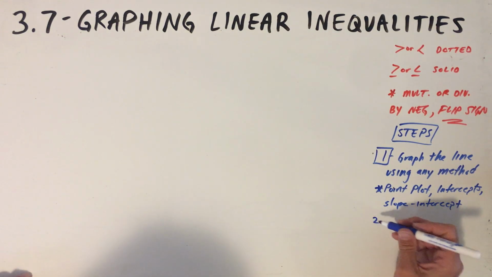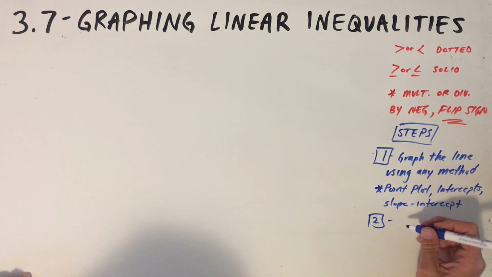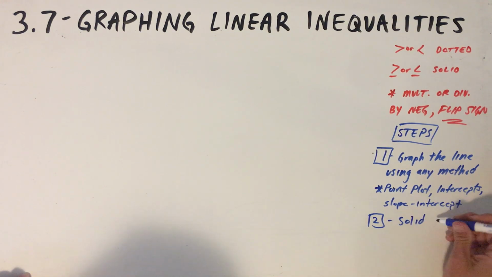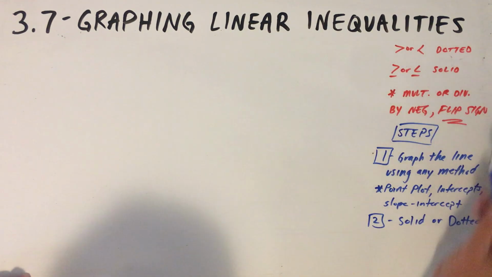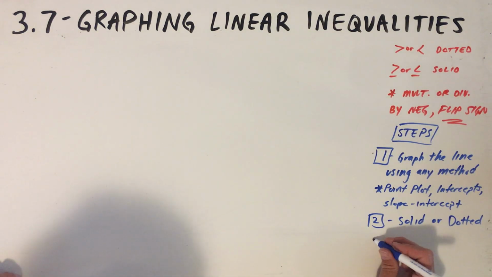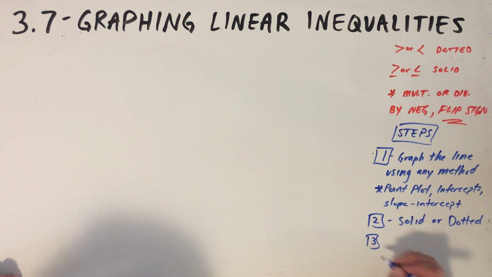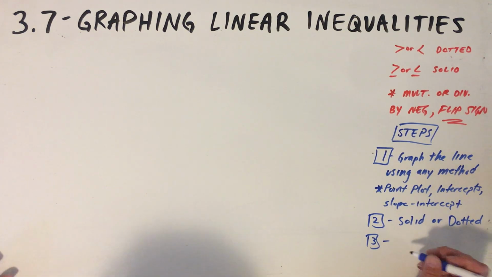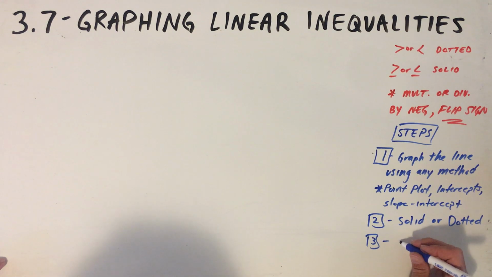My second step is I'm going to determine whether the line is solid or dotted. This is the easy part. The line is going to be dotted if there's no equal to. It's going to be solid if there's an equal to. I explained the reasoning as to why previously. The third step is I've got to figure out where to shade. The way we're going to figure out where to shade is we're going to use a test point.